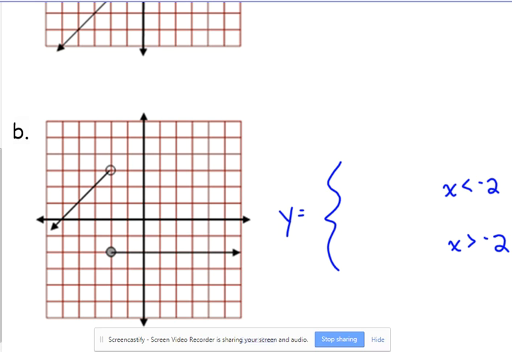Which side, the left side or the right side? The right side, because the piece of our graph on the left side has an open circle on it. The piece on the right side has a filled-in circle, a point. So this time, it has to be the greater than piece that gets the equal to.